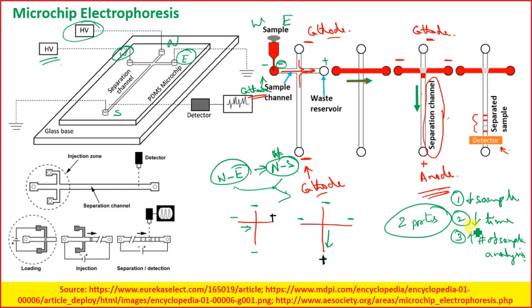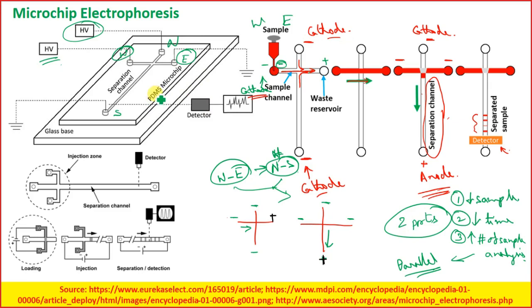Okay. So these are some of the advantages. So how is there a higher number of sample analysis? You can go for parallel analysis using different channels. Okay, and different stuff, right? So this is microchip electrophoresis.